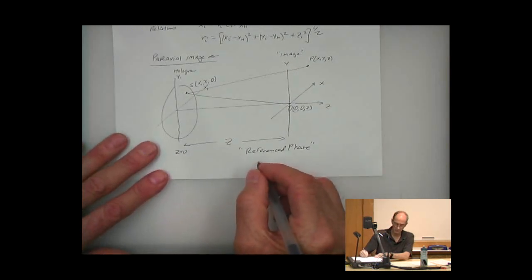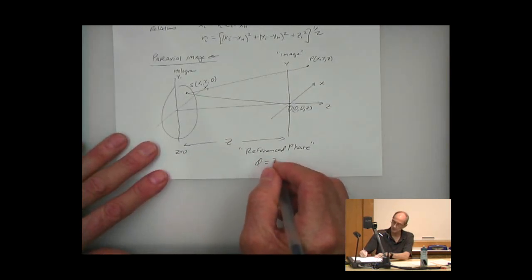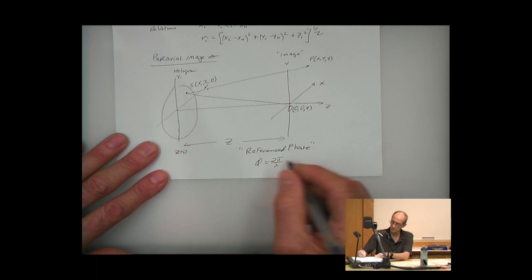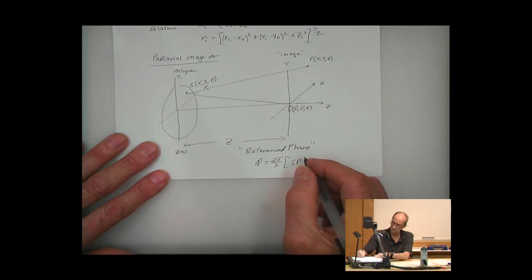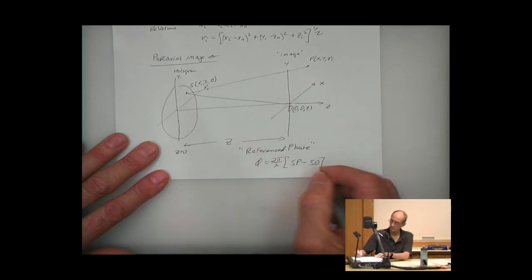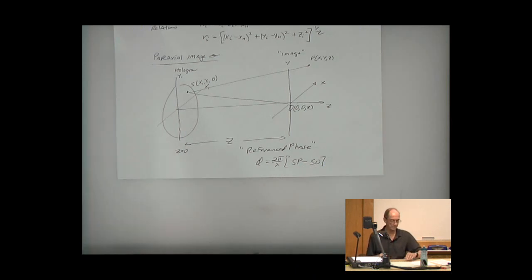Referenced in the sense that we'll take the phase as, again, 2 pi over lambda, assuming air here, times SP minus SO, or SPO, or whatever we want to call it at the origin.